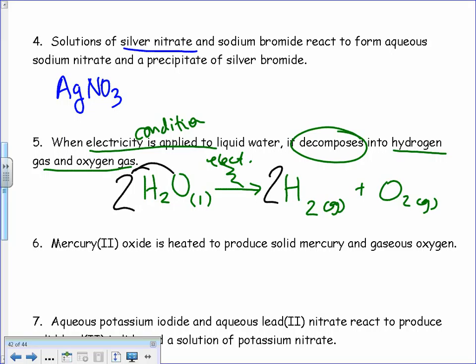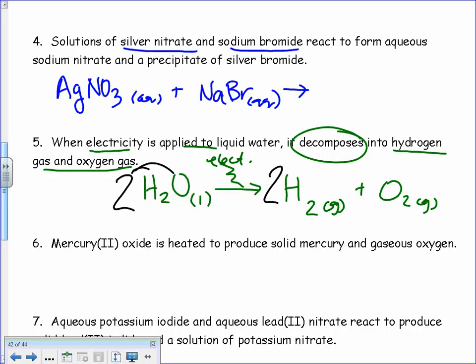It's number 1, okay. And then nitrate's a 1 too. So there's silver nitrate, AQ, plus sodium bromide. And those charges are 1s, right? Those are 1 and 1, and that's aqueous as well.